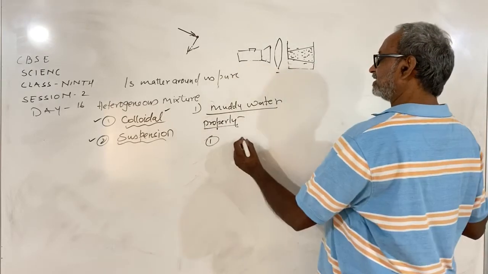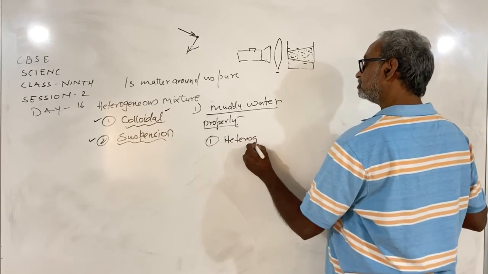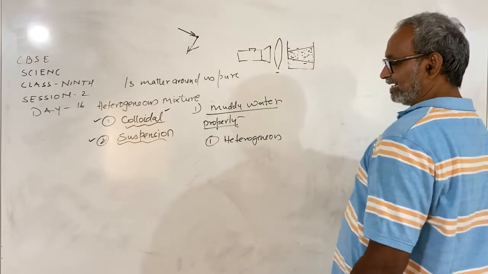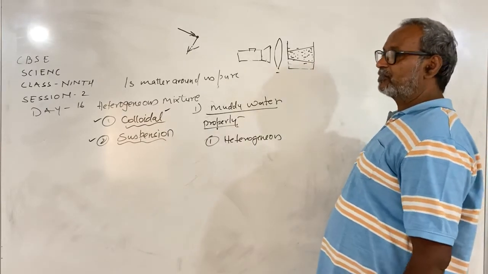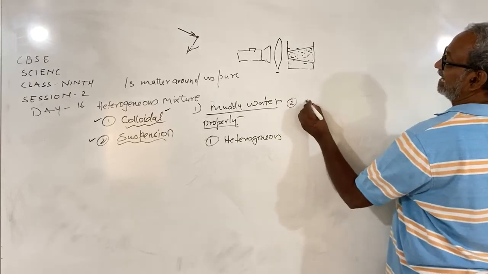A suspension is heterogeneous. That is, it does not have uniform composition. Number two, it is unstable.